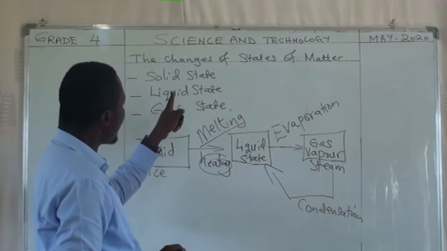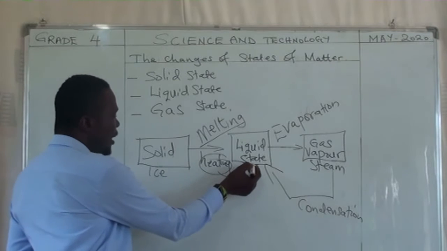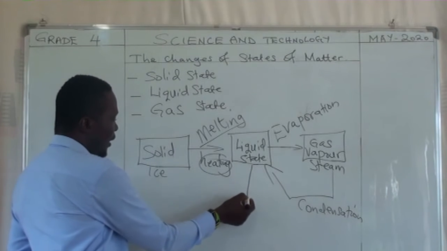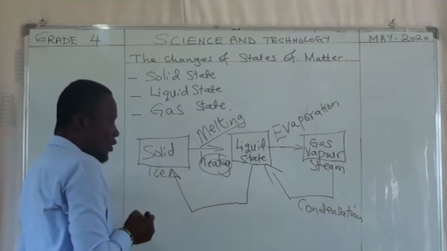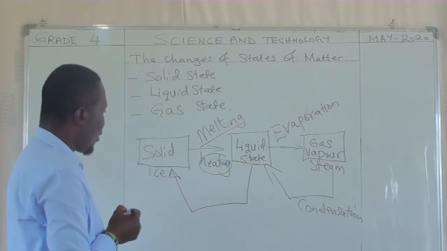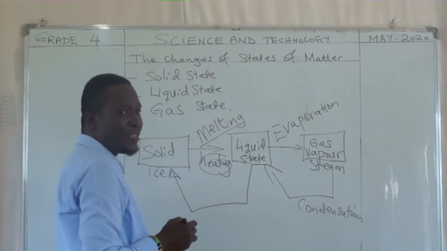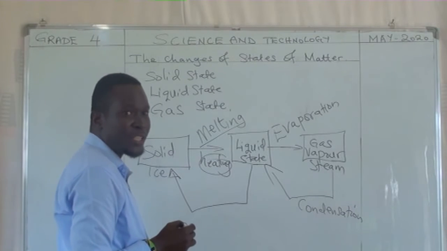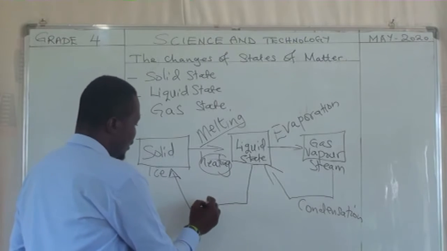Matter can change from one state to another. Good. The same liquid water can change back into solid, which is the ice, right? How does this happen? We take the liquid water and then we cool it, right?